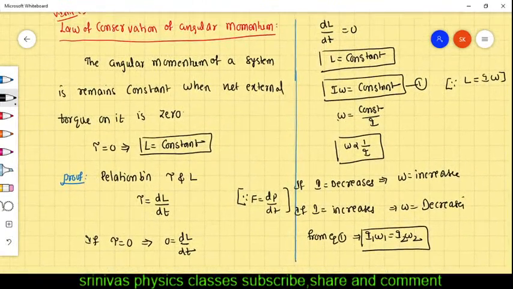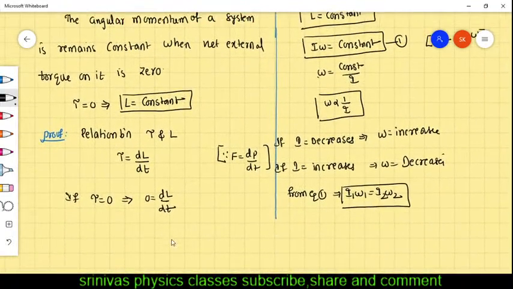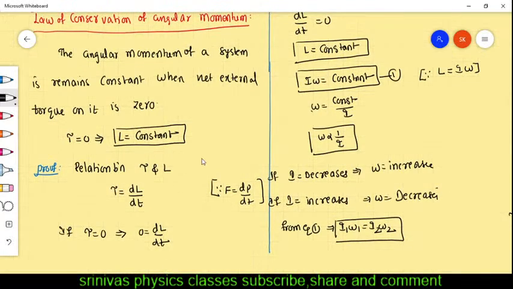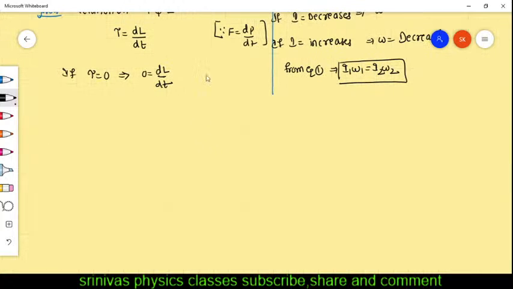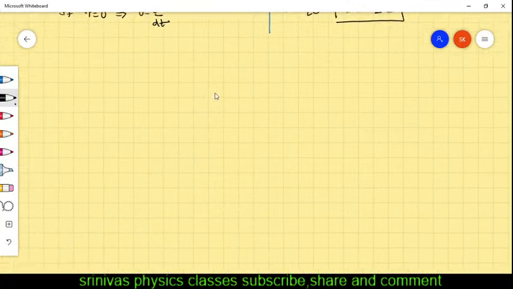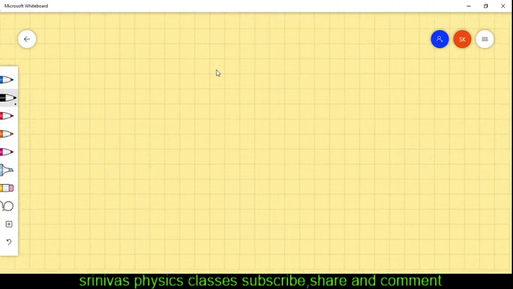Next one is the comparison. In the beginning we started the law of conservation of angular momentum, right? We continued, and based on that we discussed one problem. Now I am going to compare linear and rotational motion.